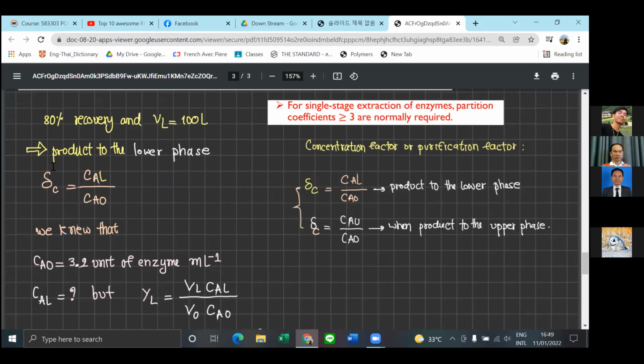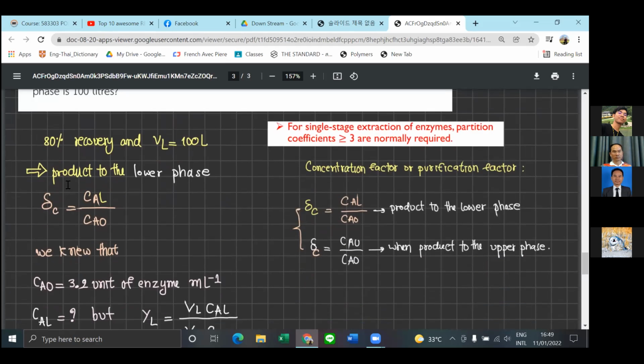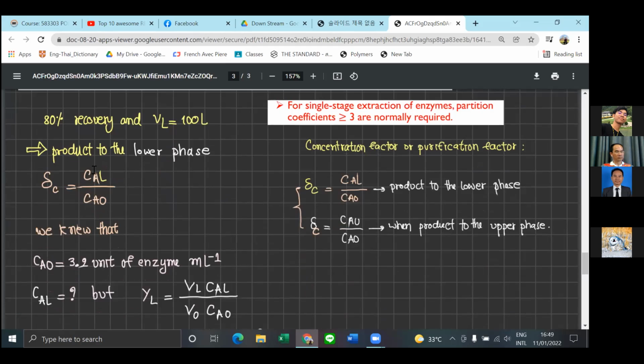So this is the formula we are going to use. The concentration factor, denoted as delta C, is the concentration of the lower phase, when the product prefers the lower phase, over the concentration of the original, the initial condition.